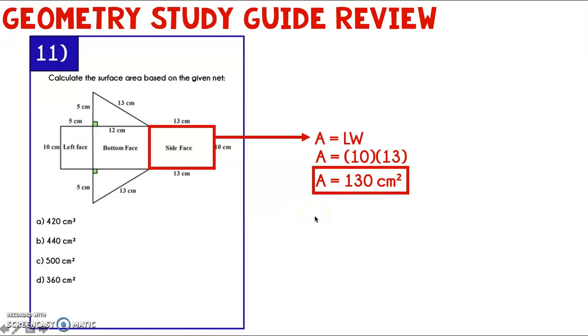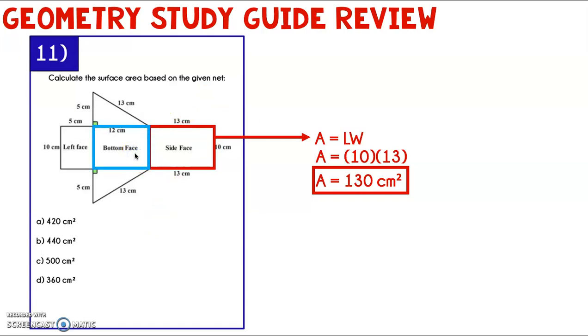Now we need to look on our net and see if there's anywhere else that has a rectangle that is a 13 by 10. This rectangle is a 12 by 10, this rectangle is a 5 by 10, and the other two are triangles. So there's no other place on our net that is a 13 by 10 rectangle. So let's move on and take a look at this piece right here.